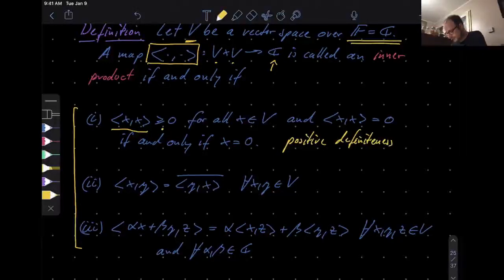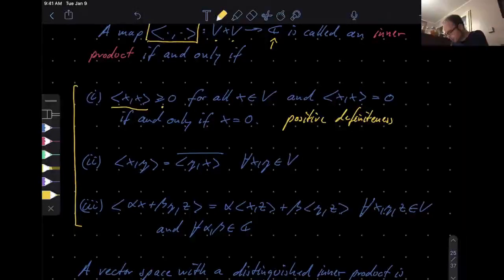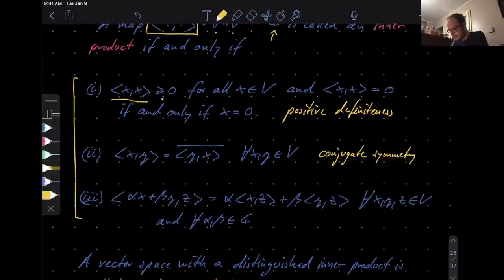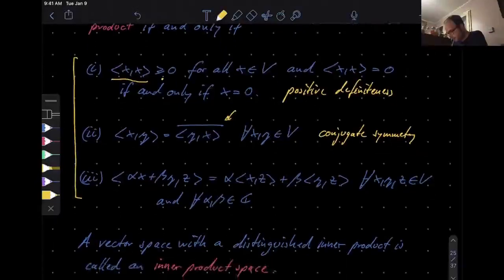The second property is the conjugate symmetry. You can swap the roles of x and y and you almost get the same result. The only difference is there's a complex conjugate bar on top. The third property is the linearity in the first vector. Remember, because the inner product takes two vectors and spits out one scalar, it is only linear in the first vector.